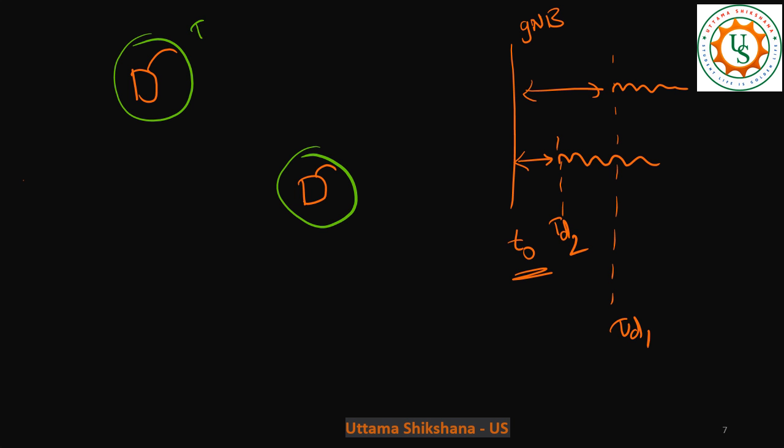It applies the advance corresponding to tau d1, so that the signal received will be exactly at T0. Even for UE number 2, the signal will be received exactly at this point. So both signals are received simultaneously at the gNodeB, and the further processing becomes simpler. This is the expectation.